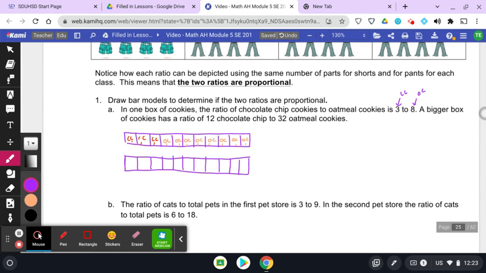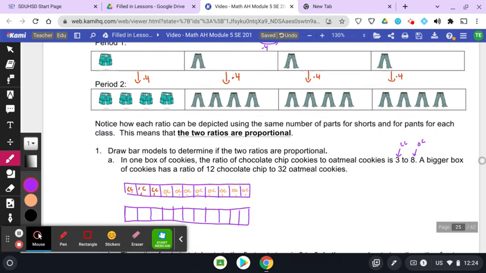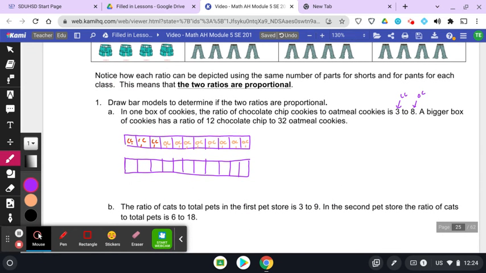So I'm still making a bar model with 11 sections in it. Just like up above, we saw each bar model still had 4 sections. There was just more stuff in each section. So we've got chocolate chip cookies, oatmeal cookies, and total. There was 3 chocolate chip, 8 oatmeal for 11 total.